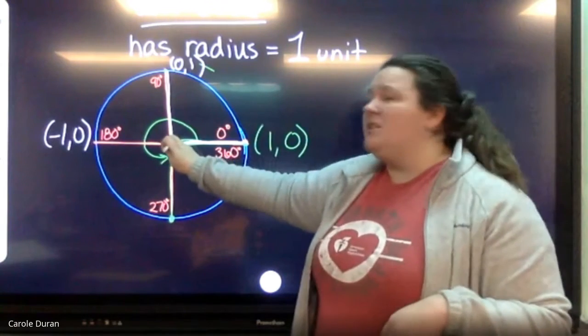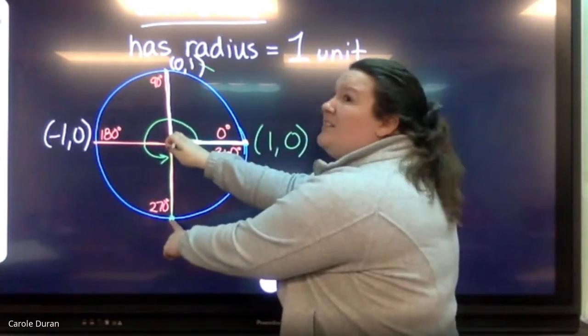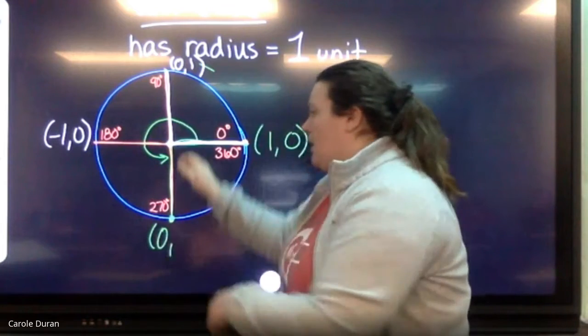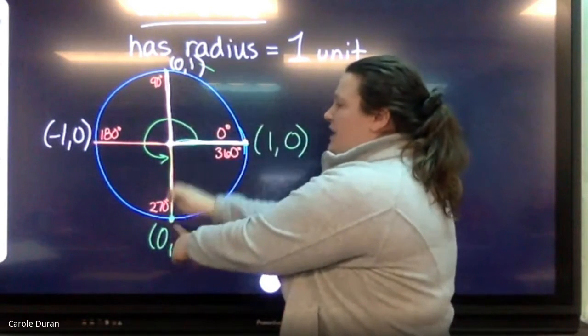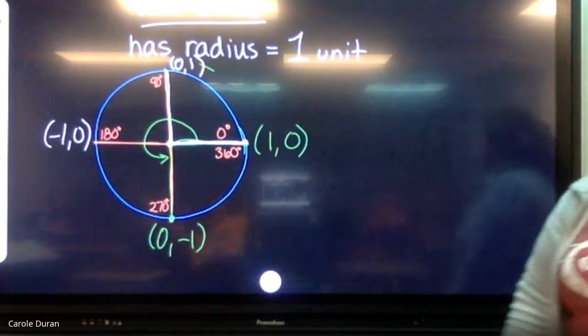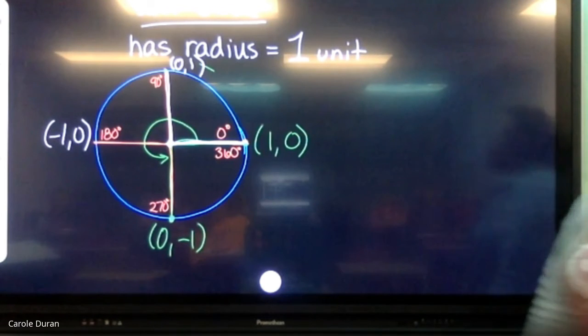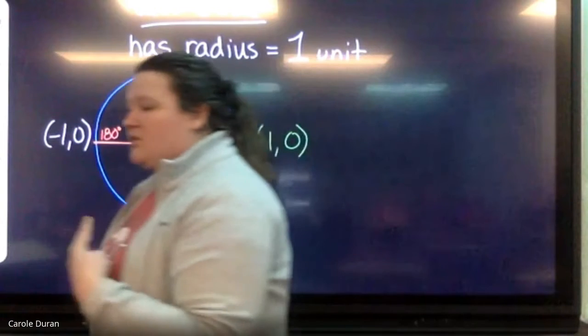From my origin, did I move left or right to get to this point? Neither, which means my x coordinate is 0. Then did I move up or did I move down? Down, and we assume it's a distance of 1 because the radius of my circle is 1. So that point is 0, -1. So now you know the terminal points associated with our 4 quadrantal angles.